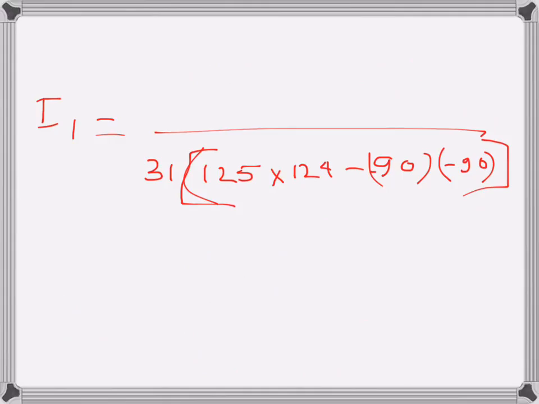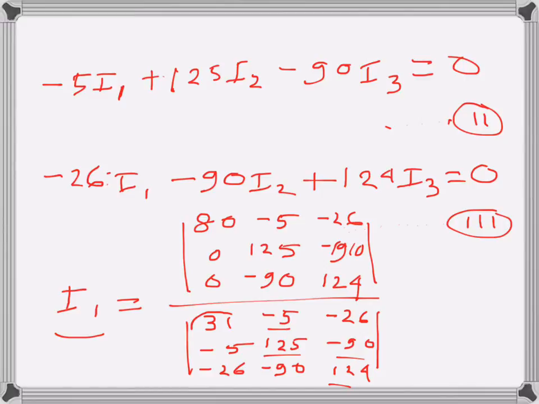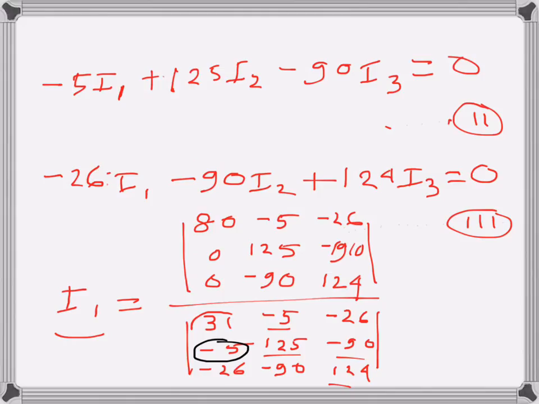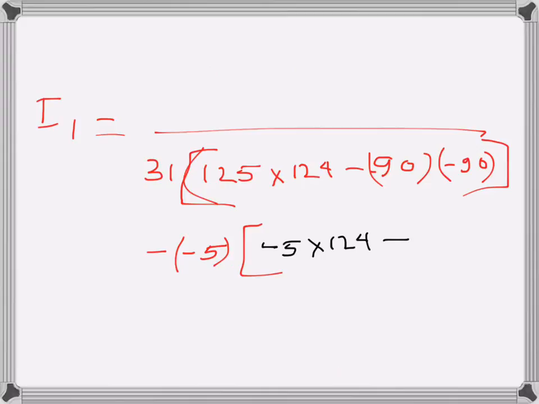Then the second one comes as a negative, so I have to write minus minus 5, multiplied by minus 5 times 124, minus negative of minus 90 times minus 26, so again minus 90 times minus 26.